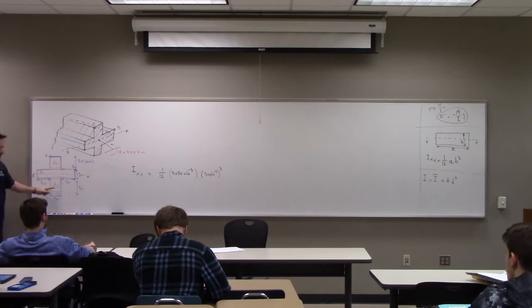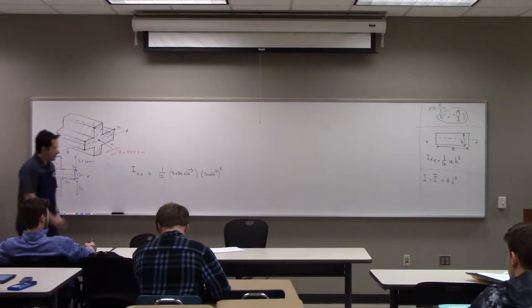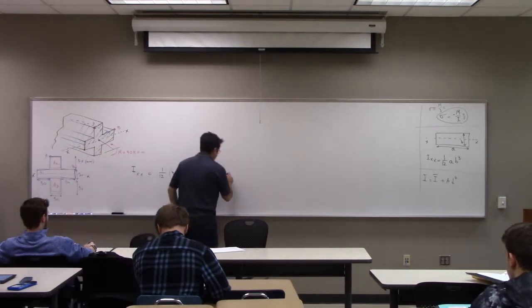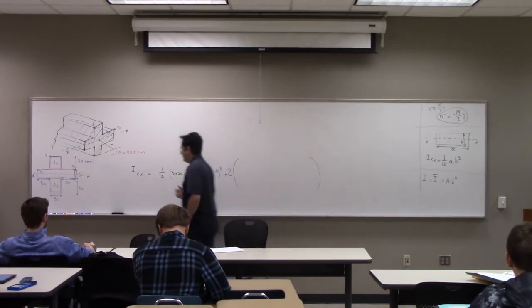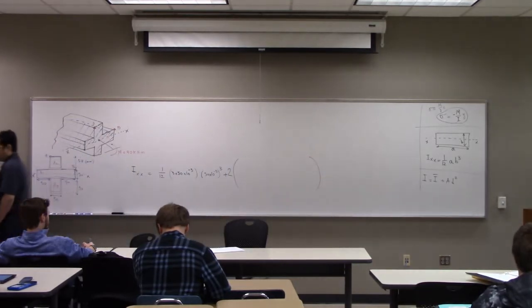What about A2 and A3? I know that both of them are in the same position with respect to the center and they're exactly similar. So I say plus 2 times, in parentheses, just one of these guys.